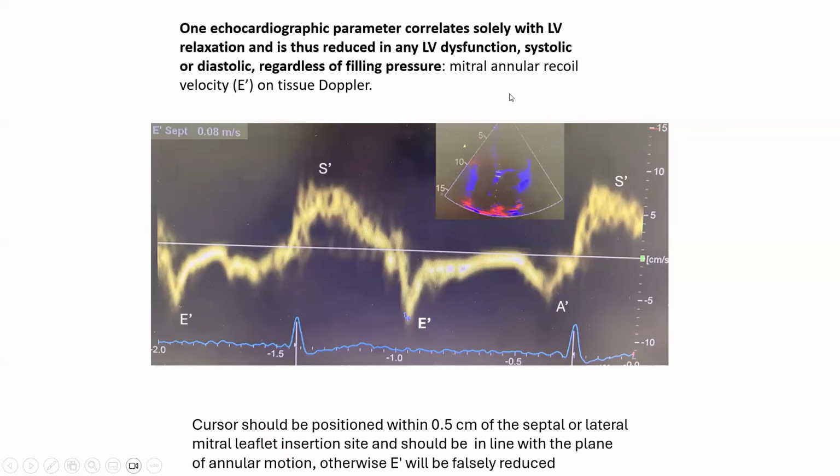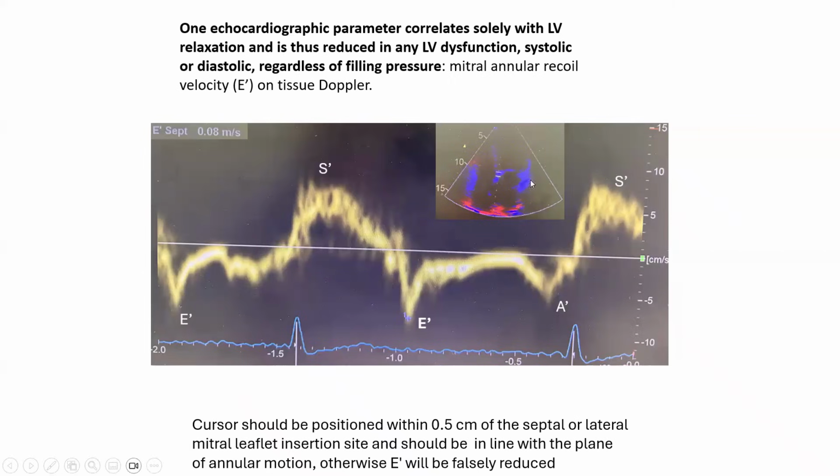And the pulse wave cursor should ideally be in line with the plane of annular motion, not at an angle, otherwise that E prime will be falsely reduced. And normally, medial E prime is lower than lateral E prime. Do you know why?